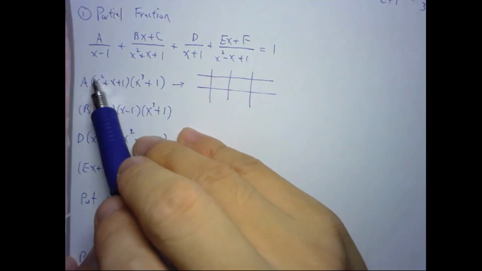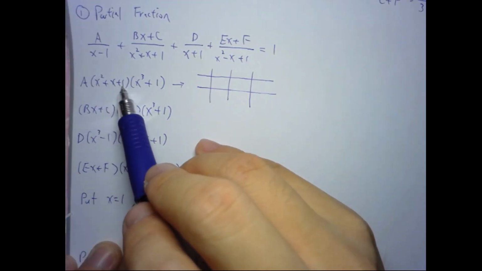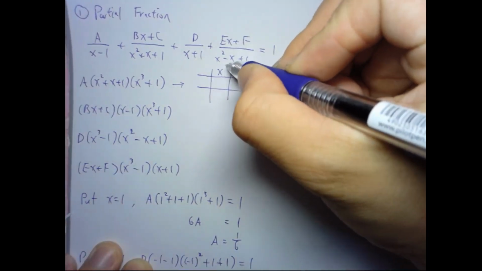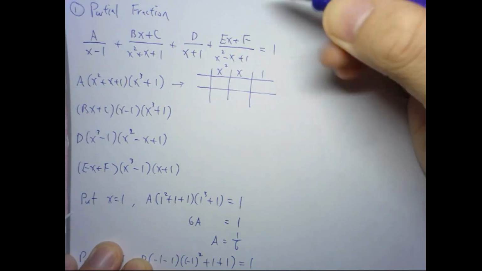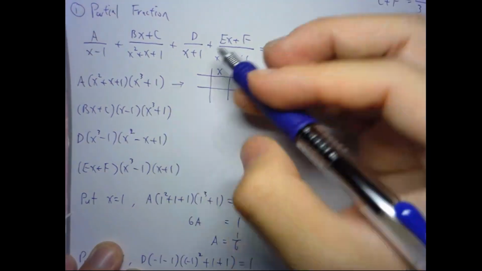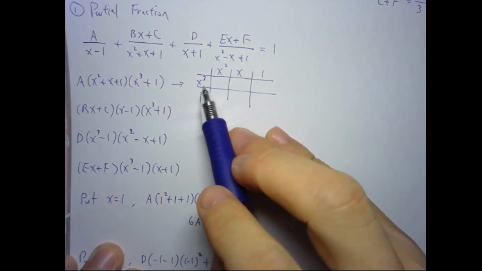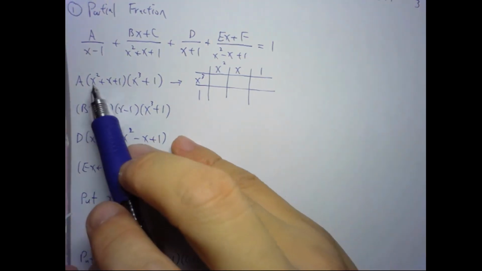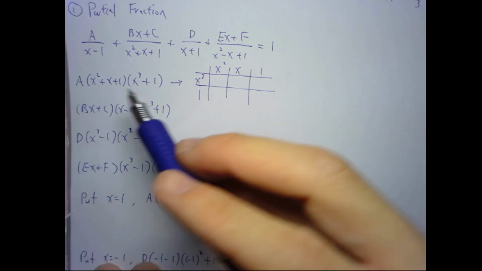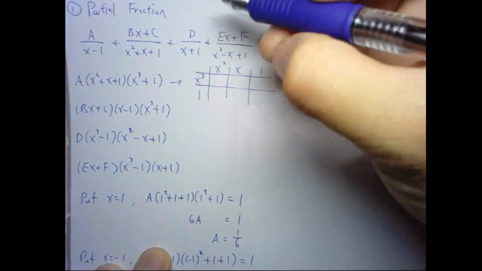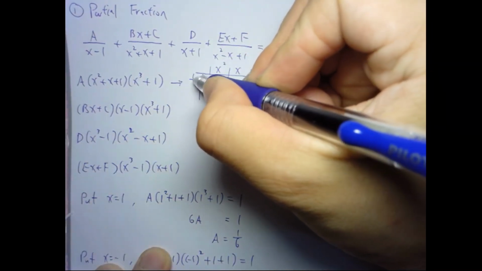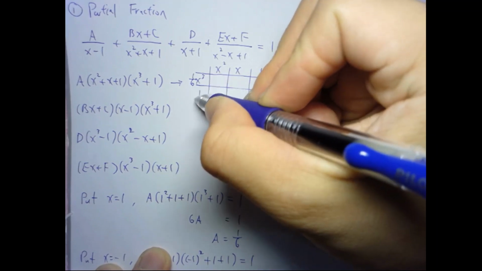I will put all the 3 terms x squared, x, and 1 on this row, and then I will put x cubed plus 1, x cubed and 1 here. And notice that we have a, so I will multiply the constant term to this row. So this is 1 over 6.